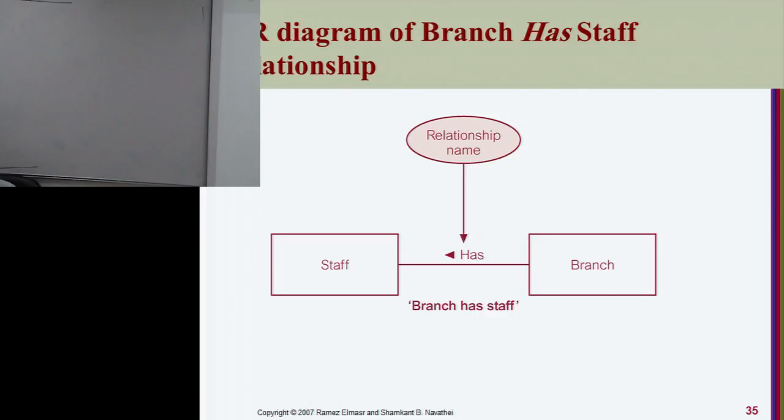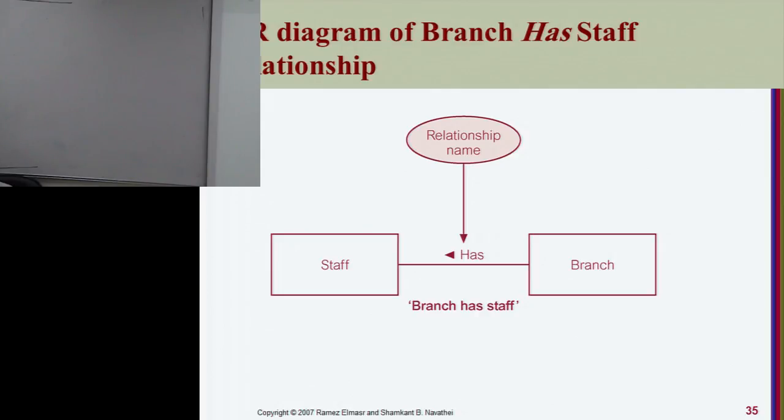As I said, you can draw the boxes anywhere on the paper. So it happened that I find staff to the left, but I cannot read the sentence like this, "staff has a branch," because this is illogical. So if you want to use the verb "has" and read the sentence right to left, opposite to the convention, just use an arrow.